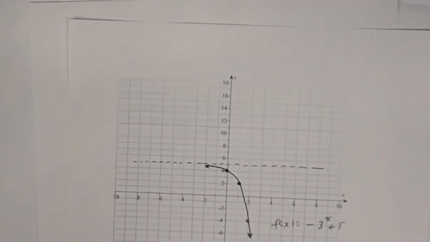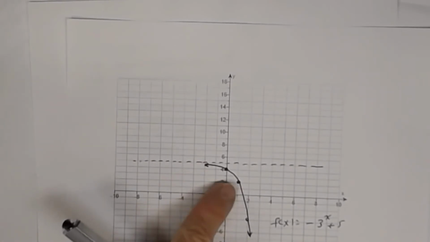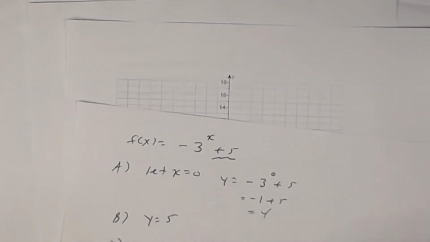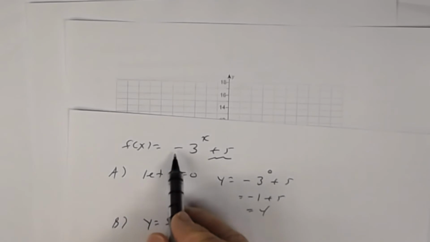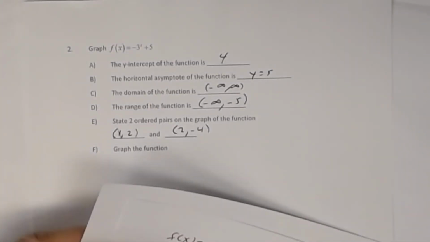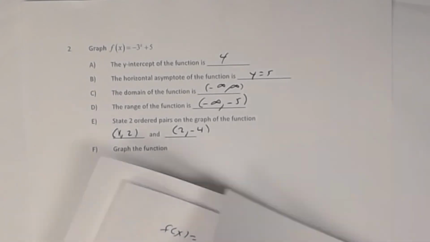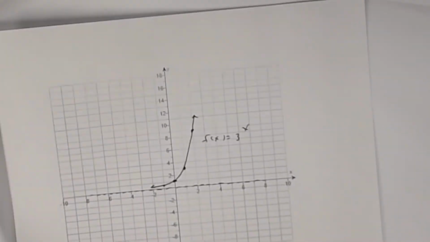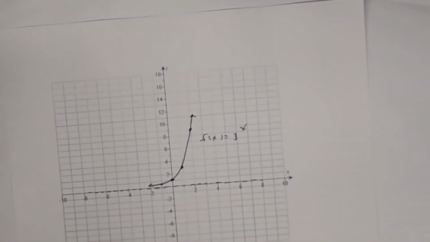All right. Now remember, the reason why it's below the horizontal asymptote is because of this negative out here. So remember that negative is a reflection about the horizontal asymptote. So let me remind you about this. Remember earlier we looked at this graph here.